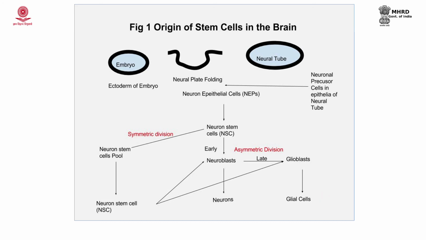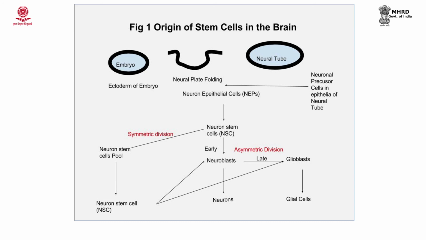The neural epithelial cells contain the neuronal precursor cells or the NPCs. And these give rise to neural stem cells. The neural stem cells can either undergo symmetric division or asymmetric division.